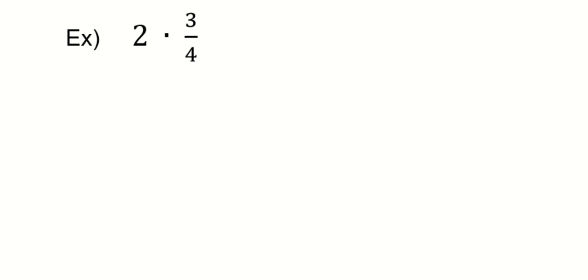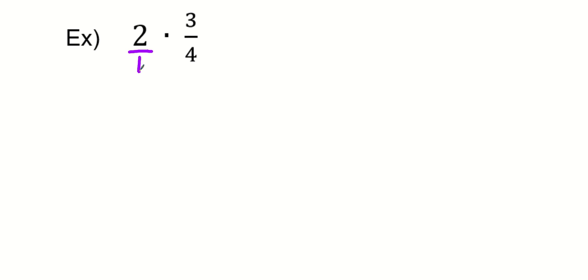Okay, here we go. 2 times 3/4. How do you multiply an integer times a fraction? Well, look. Just like with adding and subtracting, let's turn the 2 into a fraction, blatantly into a fraction. So then it's a fraction times a fraction. How do we turn 2 into a fraction? We do that.